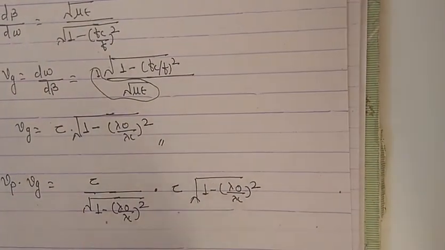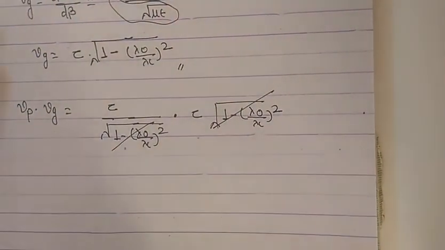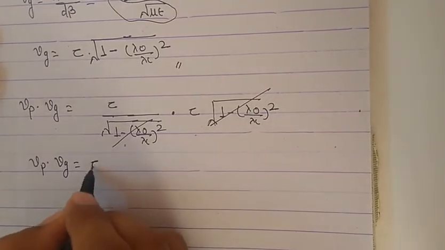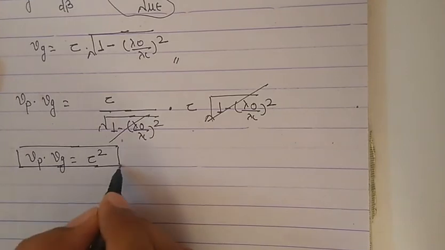So this term will be cancelled, and we have Vp into Vg is equal to c square. This is one more important relation.